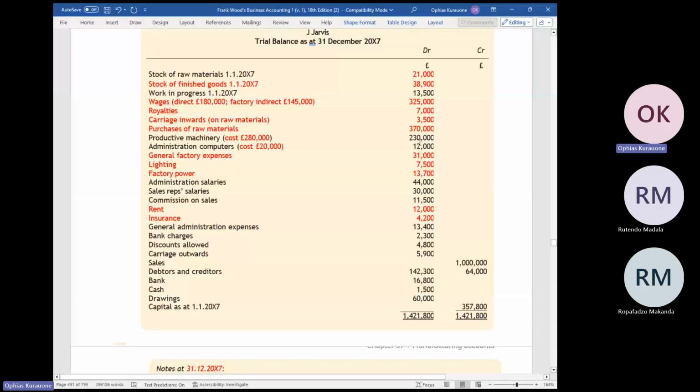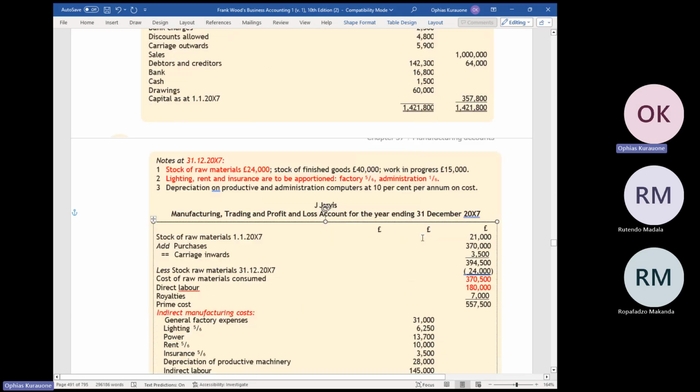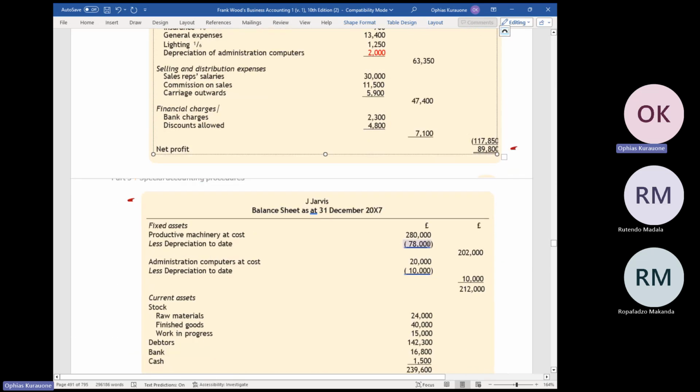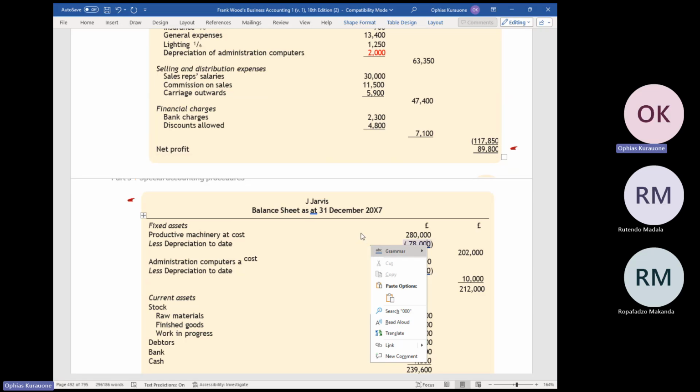The accumulated depreciation was 50,000. Then 50,000 plus 28,000 for the current year is 78,000. So we now have accumulated depreciation of 78,000. That's why here we've got 78,000, the accumulated depreciation.